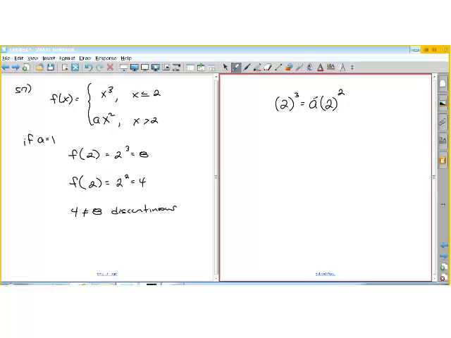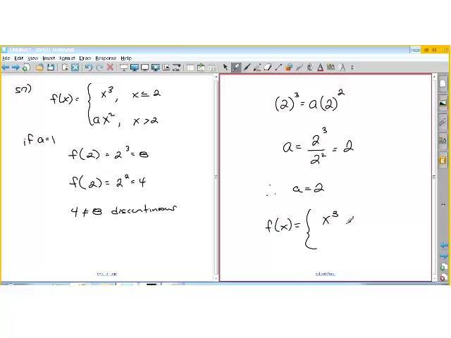When I picked a equal to 1, they didn't equal each other. So the question is, what is a for them to be equal? You just solve for a: 2 cubed divided by 2 squared, which is 2. Therefore, a equals 2.